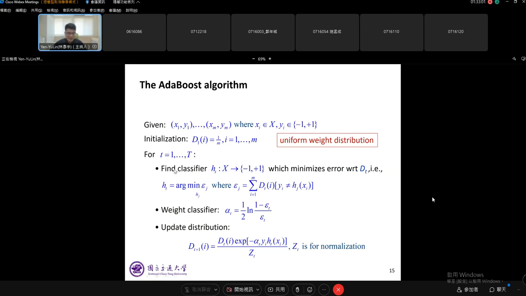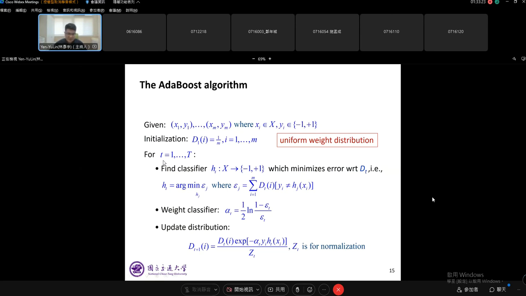Okay, so in each iteration t, there are just 3 steps: find the weak learner, calculate the weight of this weak learner, and update the data weight. So let's look at the first step.